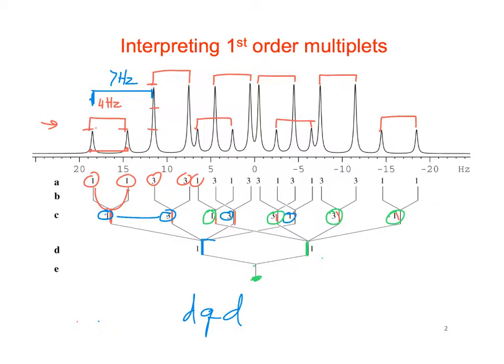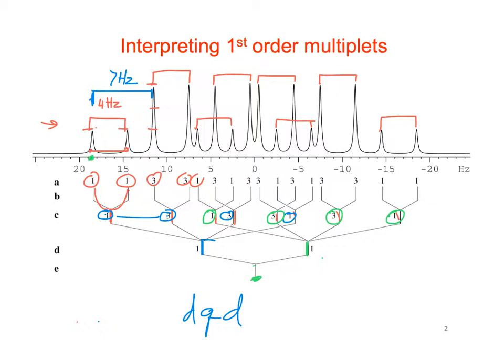And then where do we find the big doublet? Between the 2 quartets. Yeah, between the quartets. So we could again start clear on this side.